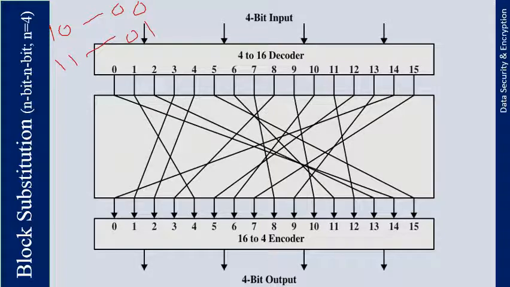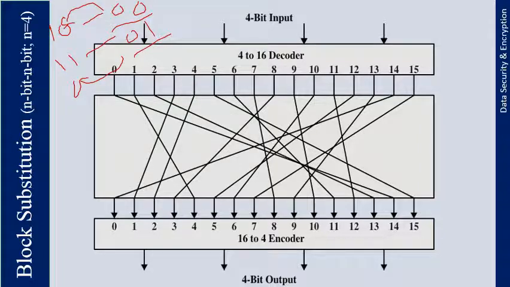These are unique ciphertext blocks for each input, and these are reversible. If you decrypt this message, you have the encryption key that tells you that wherever you encounter 0 0, you can replace it with 1 0, and if you encounter 0 1, you can replace it with 1 1.